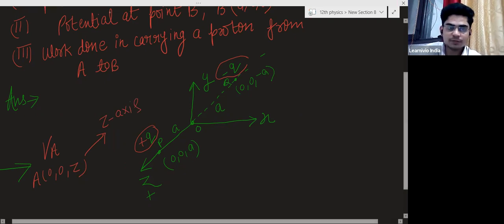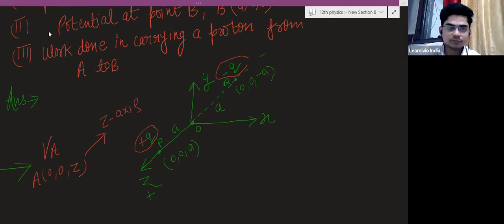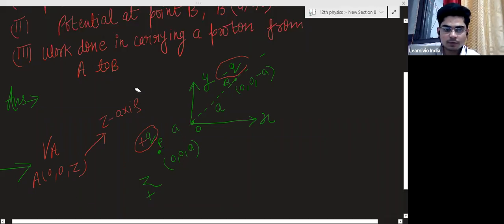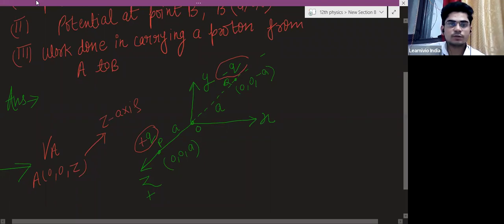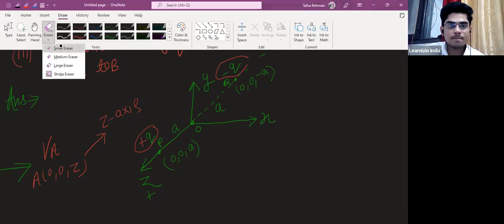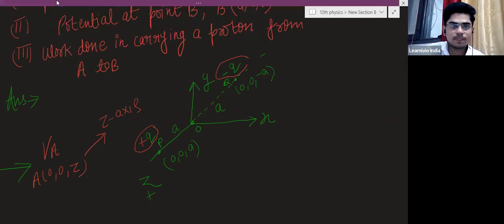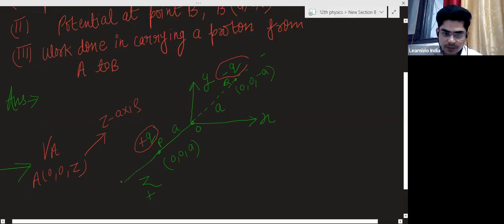I am supposing this point A is lying on the z axis, and its coordinate is given as 0 comma 0 comma z.